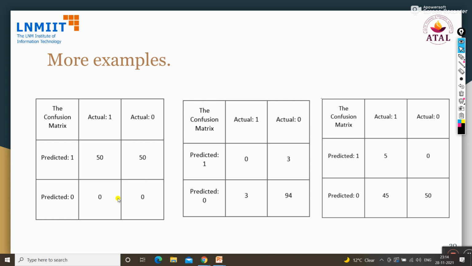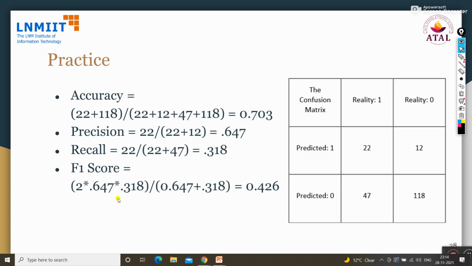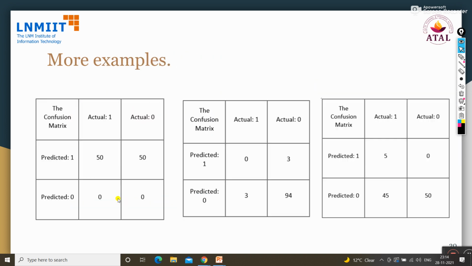When we have the F1 score, that is 2 times 1 multiplied by 1, divided by 1 plus 1. So F1 score is also 1.